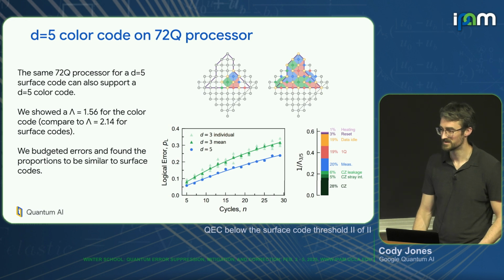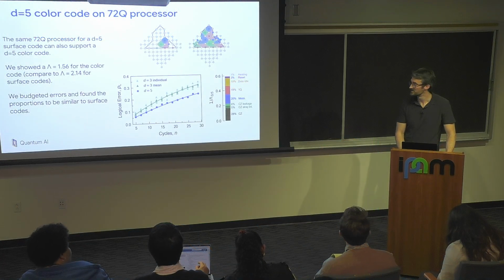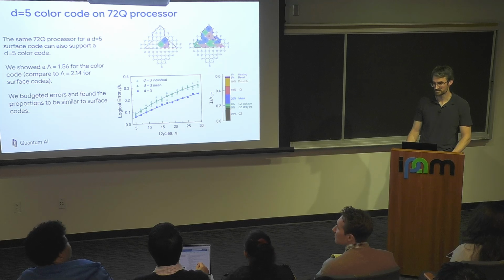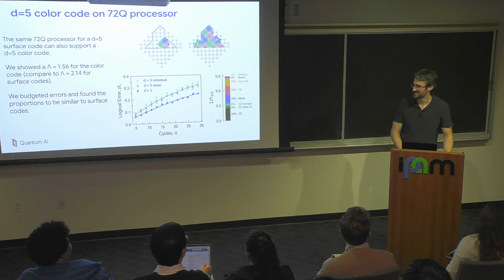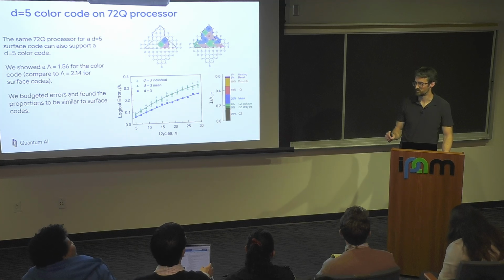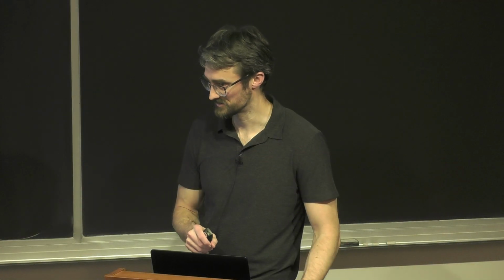Can you say again the relationship between the distance and the number of colors? It's D plus 1. So for a 2D color code, you have 3 colors. Okay, how do you get D equal to 5 in this case? Sorry, I'm overusing terminology. So it's dimensionality plus 1. So a 2-dimension color code has 3 colors for its tiles.